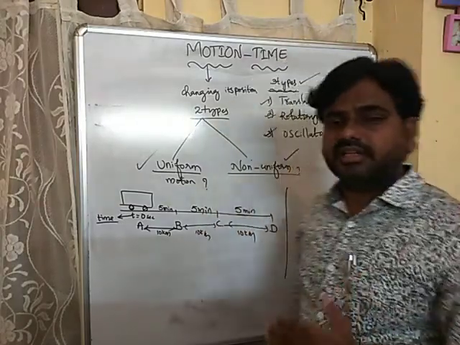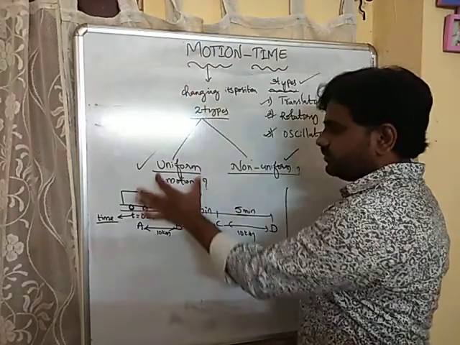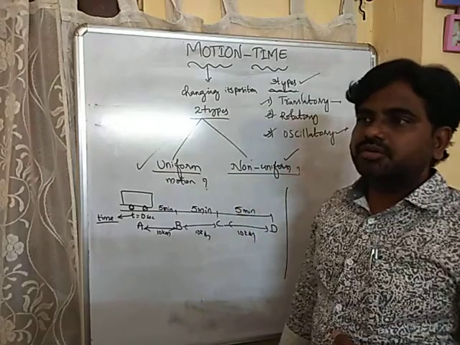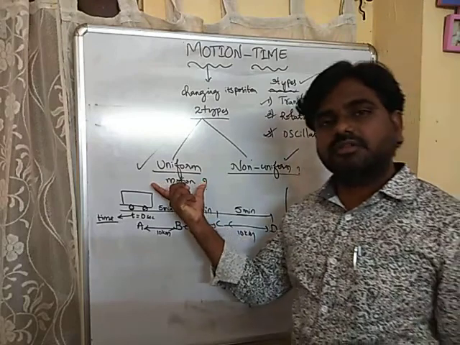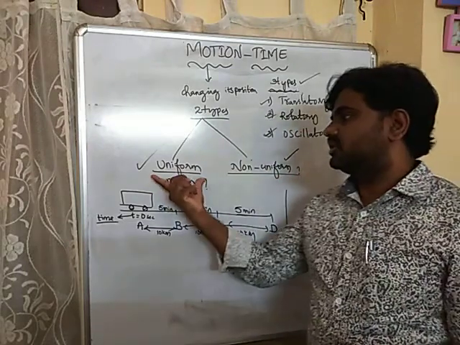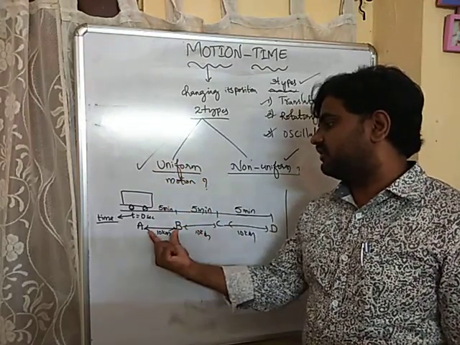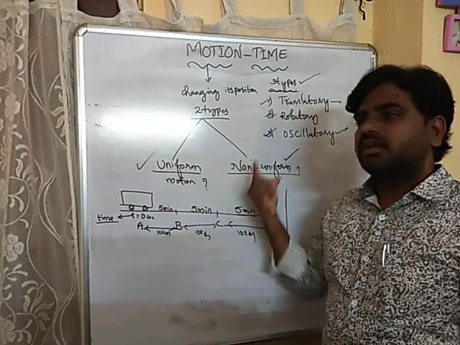I will give you once again the recall of types of motion. First is uniform motion and non-uniform motion. That means different objects will be in uniform motion or non-uniform motion. The bodies are said to be in uniform motion if they cover equal distances in equal intervals of time.